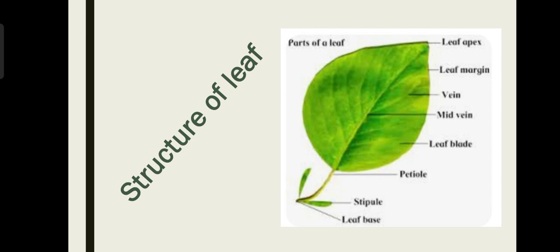Leaf margin, the edge of the leaf. Types of leaf margin: entire, pinnate and lobed. Leaf apex, the tip of the leaf. Types of leaf apex: tapering, pointed and rounded.